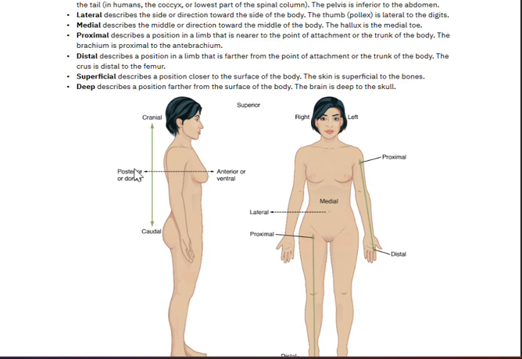So if they say proximal, it's going to be closer to the trunk. Superficial describes a position closer to the surface of the body. The skin is superficial to the bones. Deep describes a position farther from the surface of the body. The brain is deep to the skull.